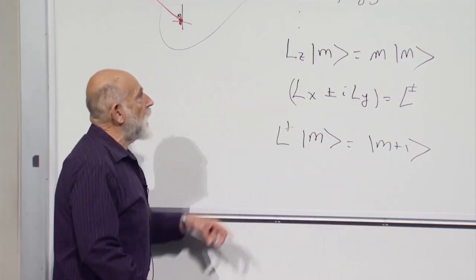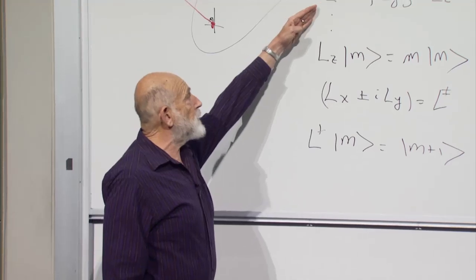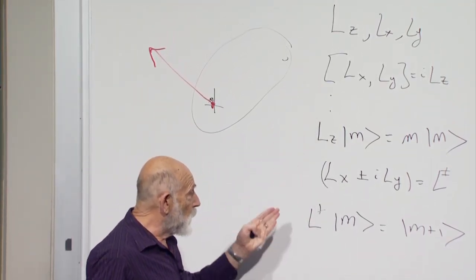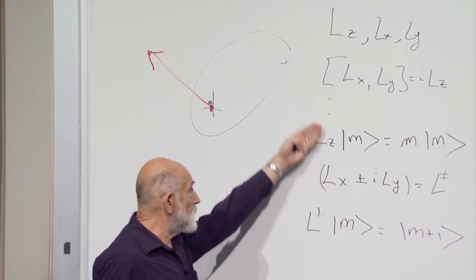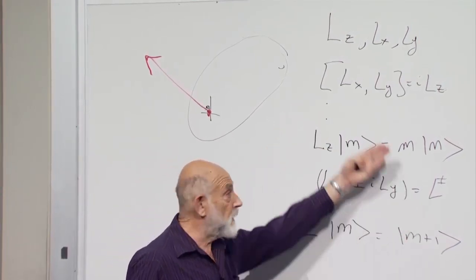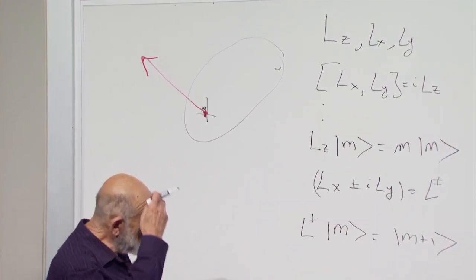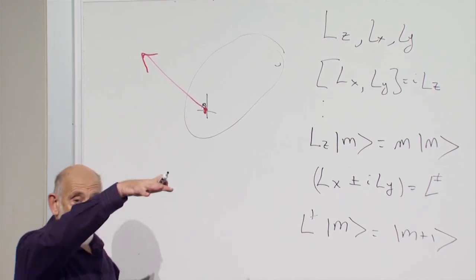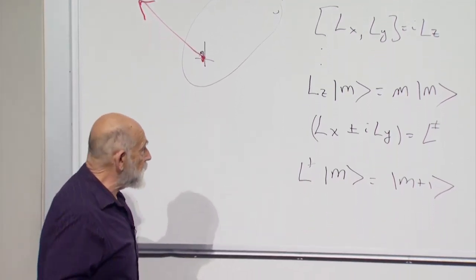We worked out that was a consequence of the simple algebra of these commutation relations. We worked it out by just sticking in the equations. It was a couple of lines. And we found out that L plus is a raising operator.